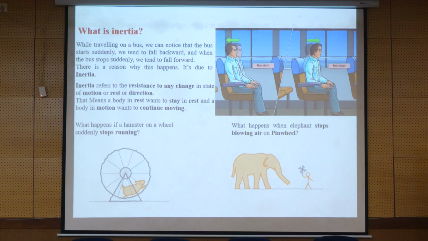So changes can be someone sitting in a chair, or probably a hamster running here, or blowing a pinwheel. When I stop anything, you see that it still has the possibility to continue. But as long as this inertia is less, it returns back or changes faster.